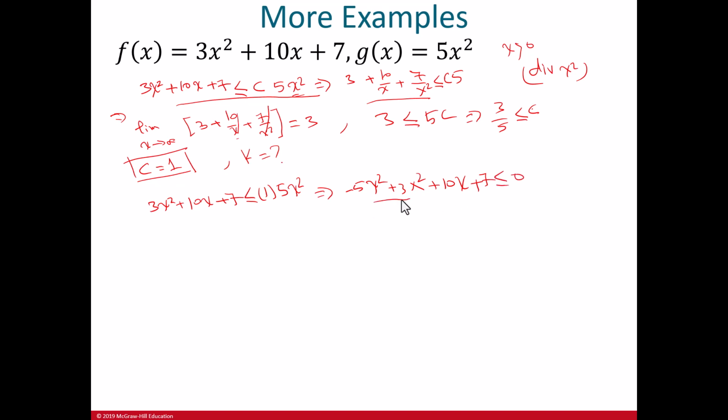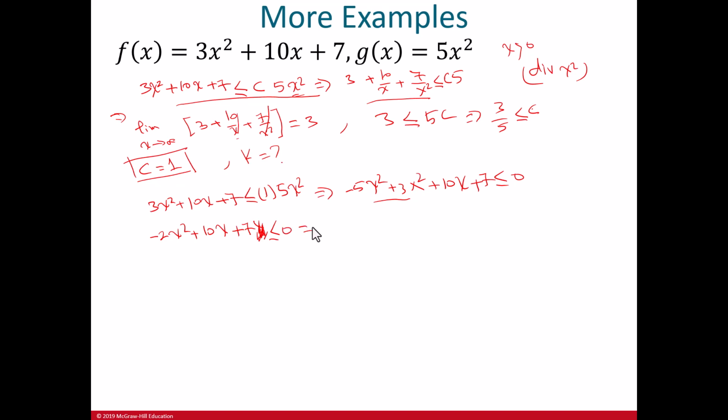And this will be simplified. I'm going to get there 2x^2 plus 10x plus 7, this one less than or equal to 0.